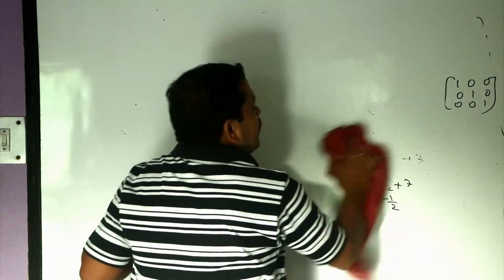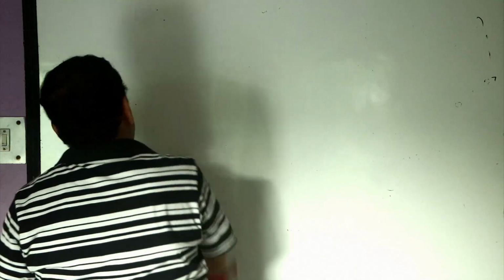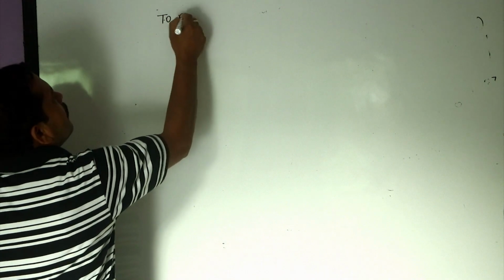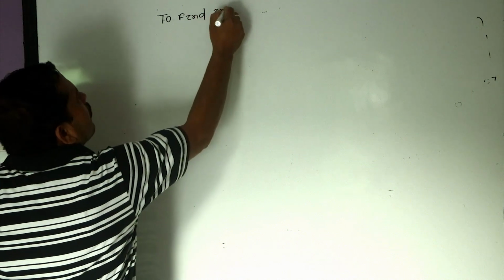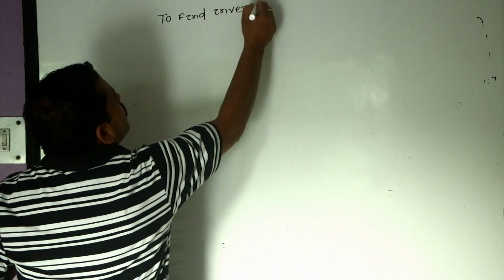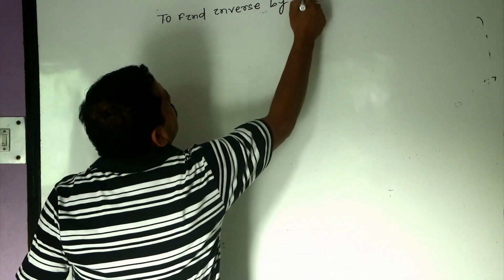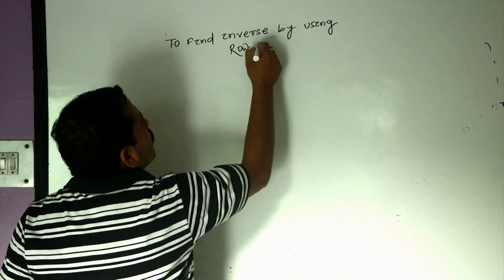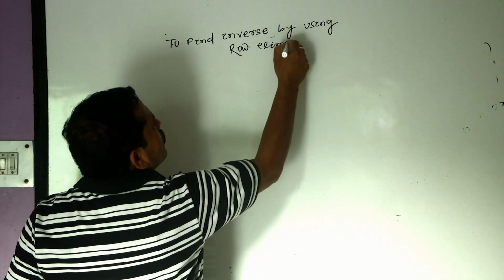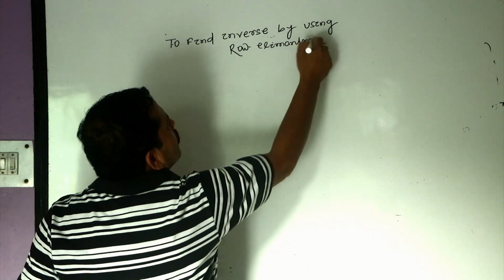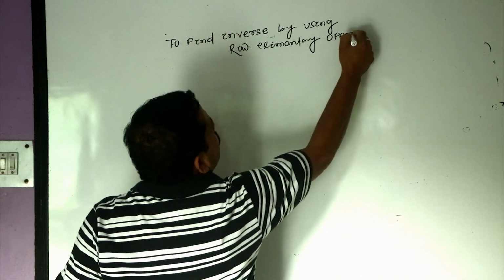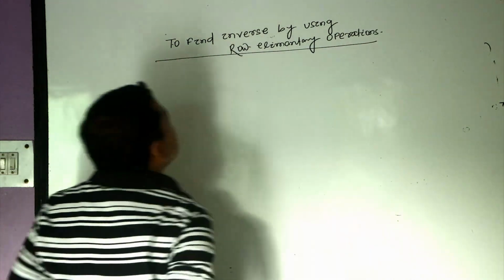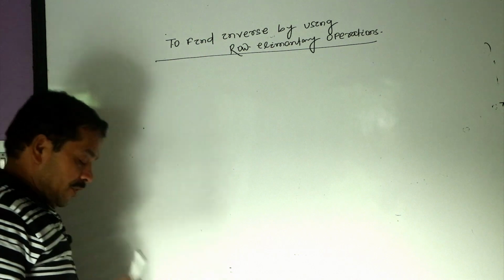How can we find the inverse of a matrix by using row elementary operations?